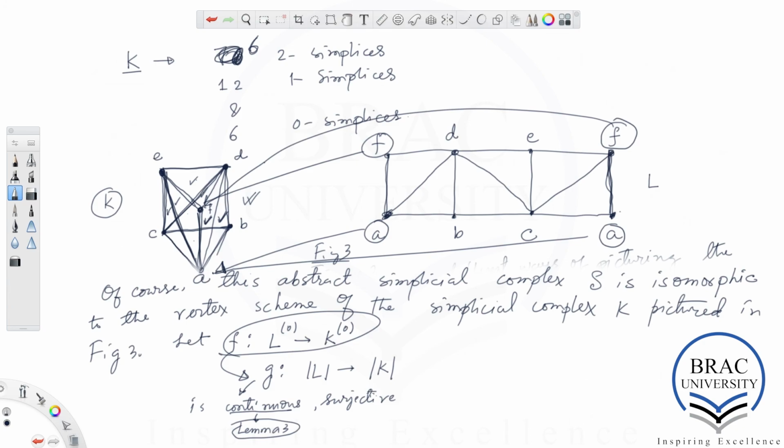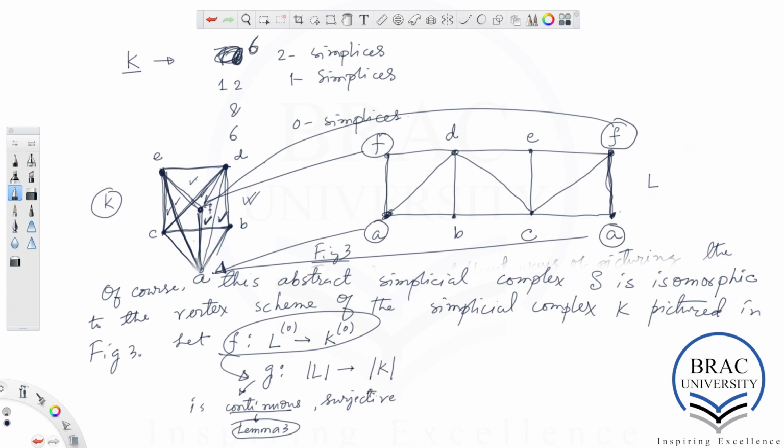And note that both mod L and mod K are compact Hausdorff. Therefore, this map G is a quotient map. I left it as an exercise for you. It's an easy exercise. One direction follows from the continuity of the map G, and the other direction follows from the condition that both mod K and mod L are compact and Hausdorff.